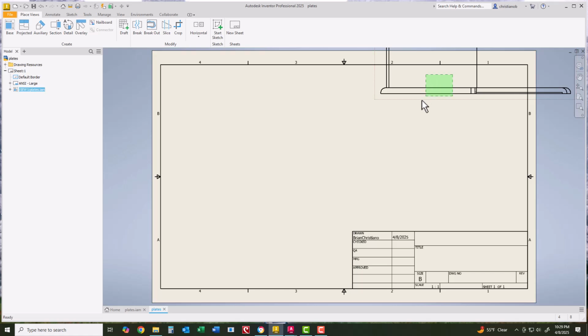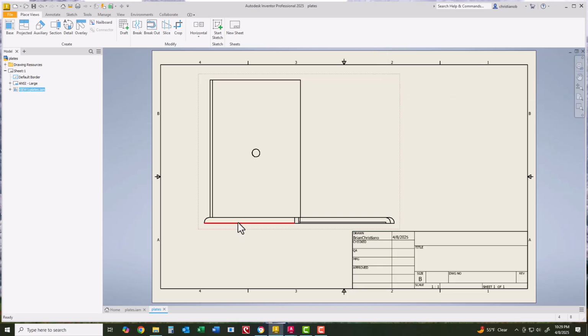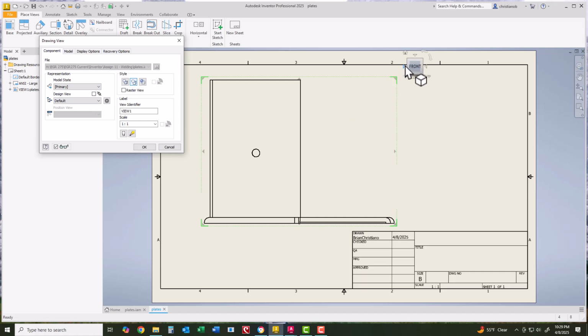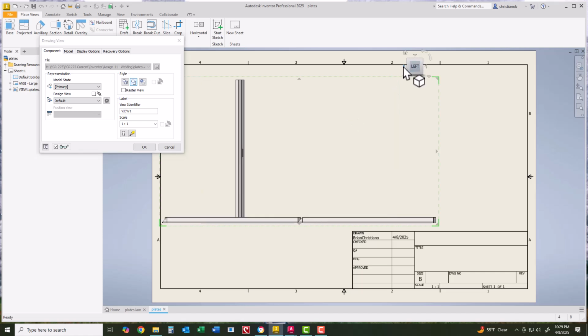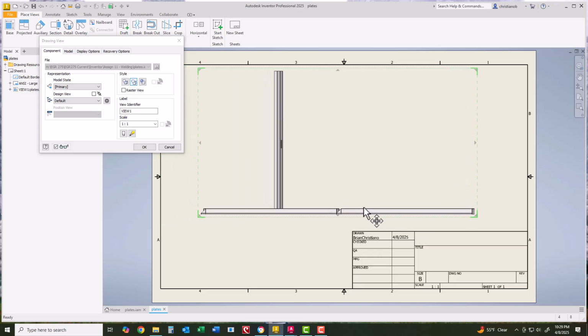And I can bring this down. And I'm going to rotate it. I want my piece to look like that. And I'm going to move it. And I'm going to say OK.